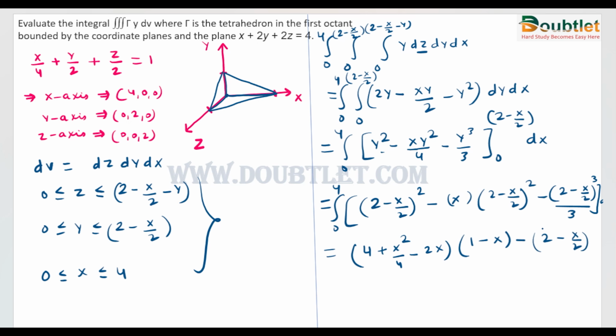So we can take y square common from this also, so it will become y by 3. So we can write this as minus 2 by 3 plus x divided by 6 and dx.